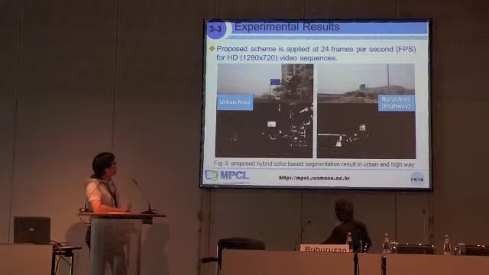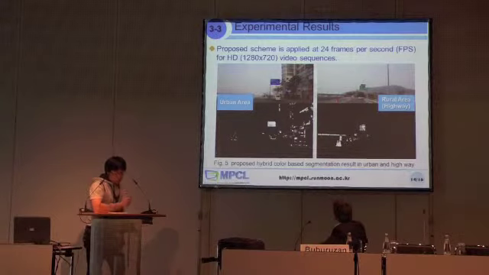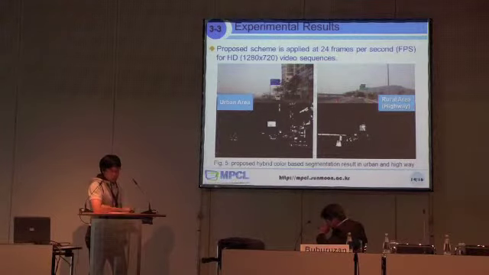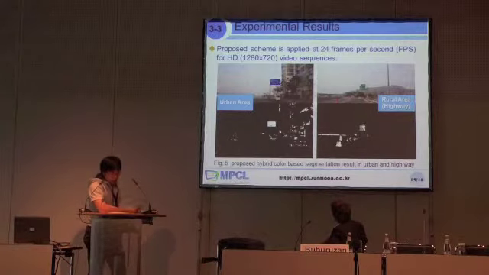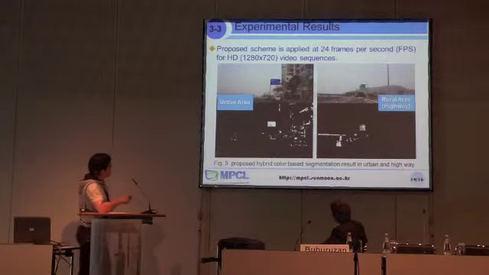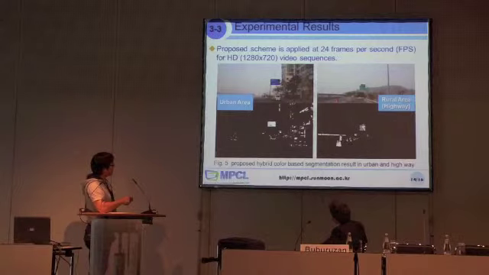The proposed scheme is applied at 20 frames per second for HD video sequences. Our proposed hybrid color-based technique efficiently detects road signs in both urban and rural areas. From this figure, our proposed approach can detect traffic road signs with little noise.